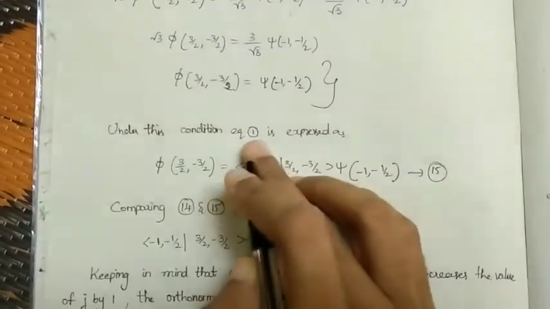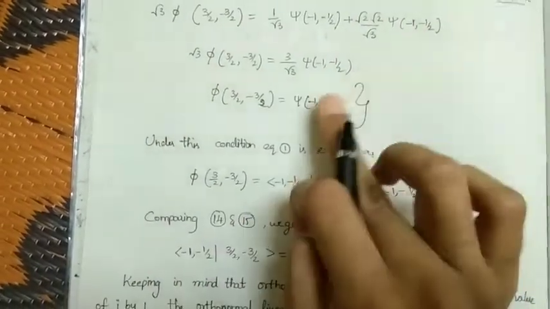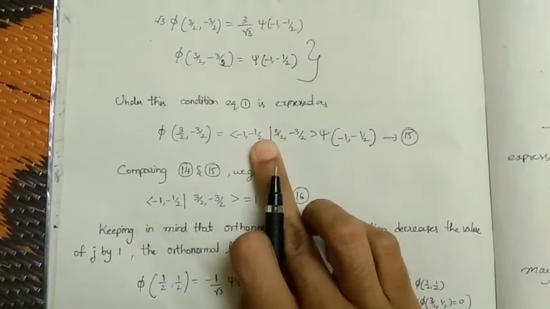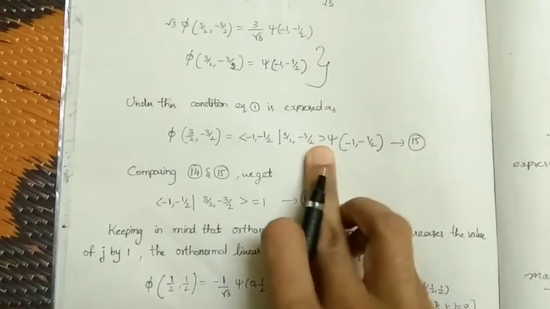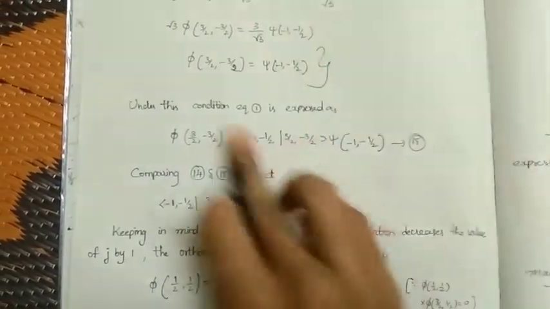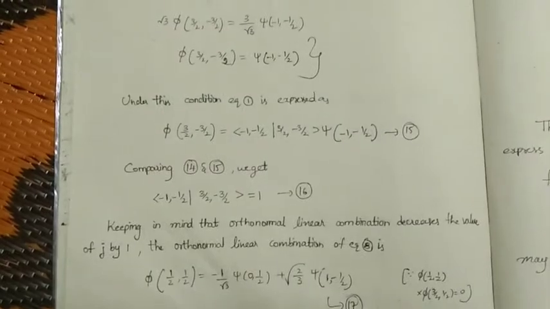So under this condition, if we express this one in the form of equation 1, so here minus 1 minus half is being converted to 3 by 2 comma minus 3 by 2. So psi of minus 1 minus half, phi of 3 by 2 minus 3 by 2. So this is the form of equation 1.